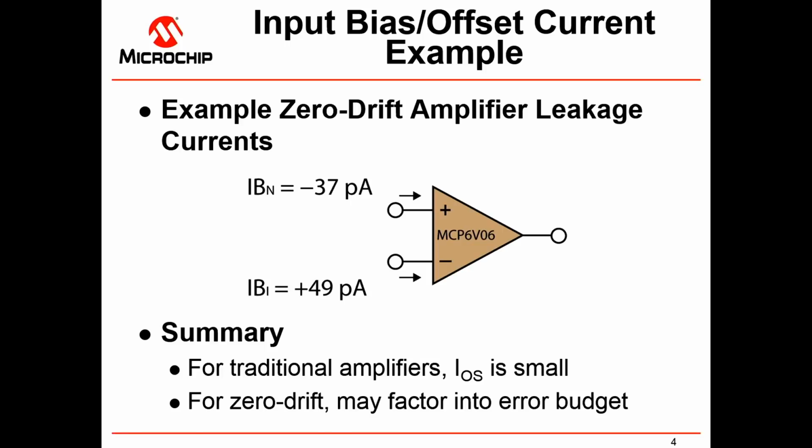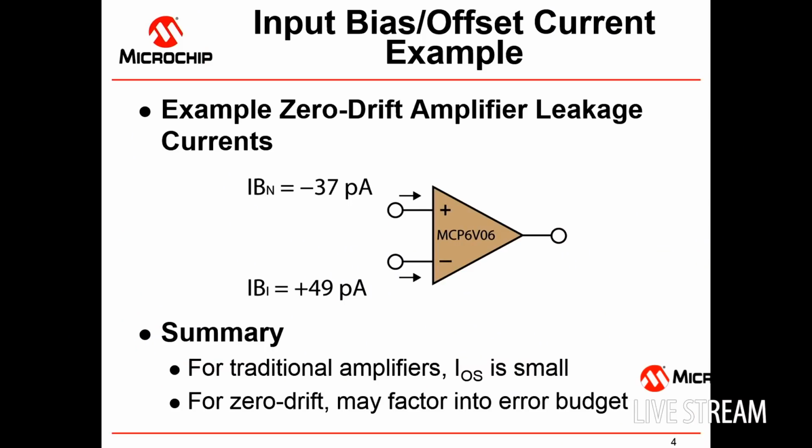For example, the non-inverting input is 37 picoamps, the inverting input is plus 49. If you average those out, you get an average of only 6 picoamps for the input bias current.